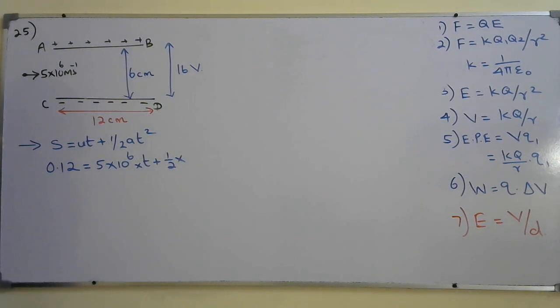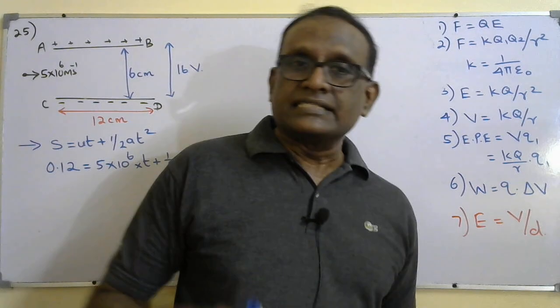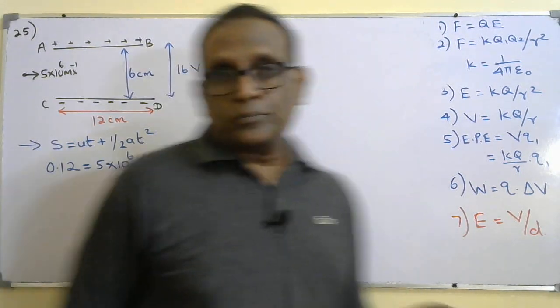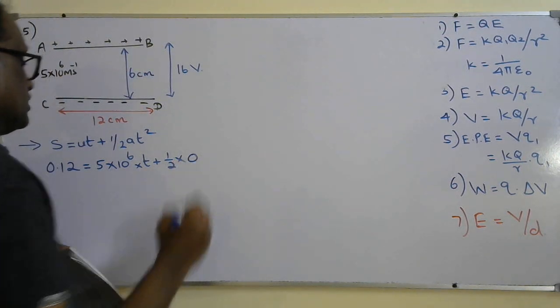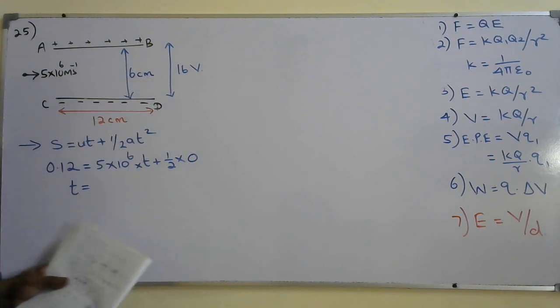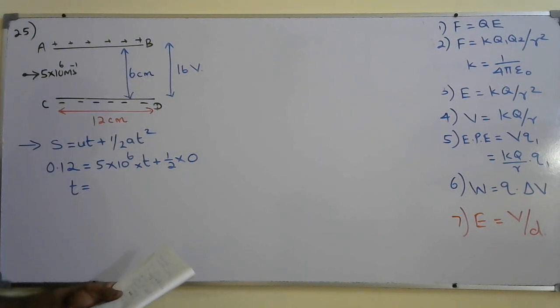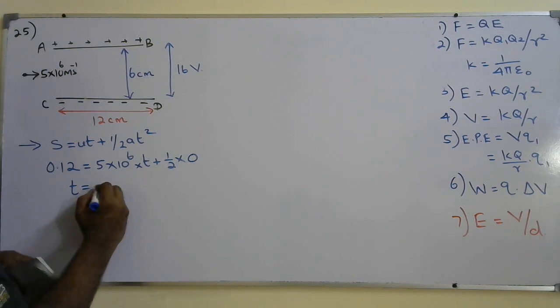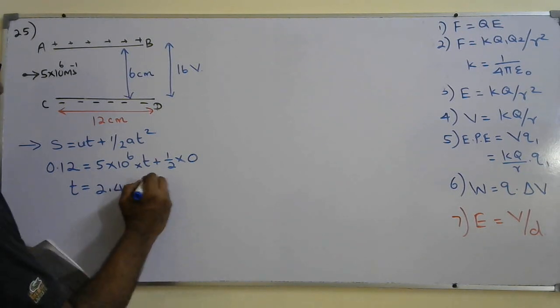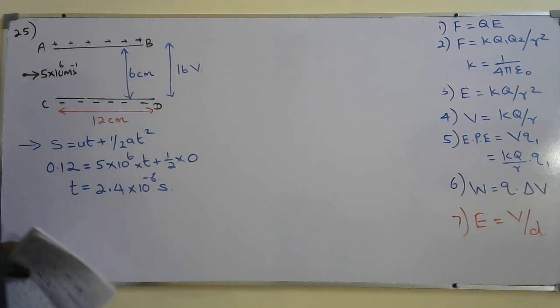Horizontally there is no electric field, because electric field lines are perpendicular to the plate. So parallel to the plate, no component, so no acceleration. So find the time t. The time taken to move 12 centimeters will be equal to 2.4 × 10^-8 seconds.